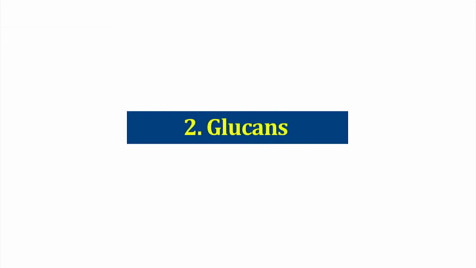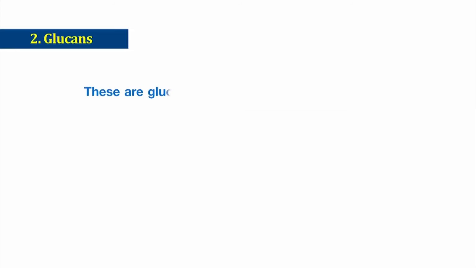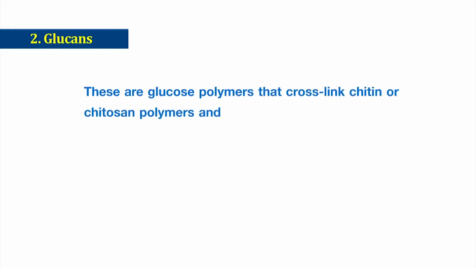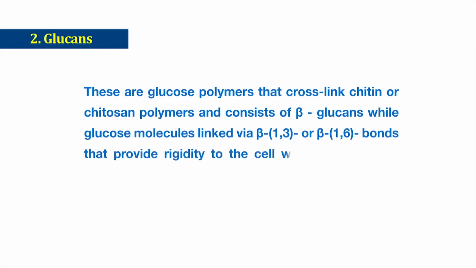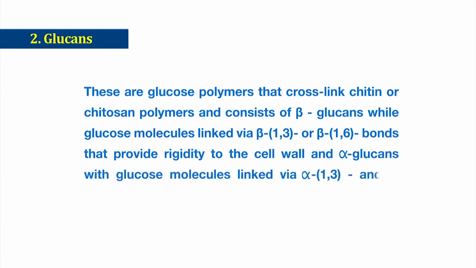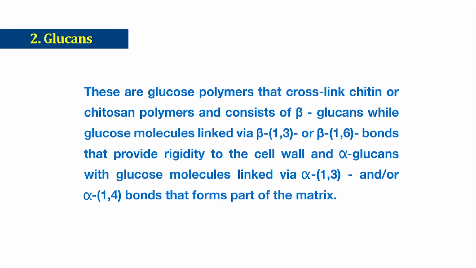The next are the glucans. These are glucose polymers that cross-link chitin or chitosan polymers and consist of beta-glucans, with glucose molecules linked via beta-1,3 or beta-1,6 bonds that provide rigidity to the cell wall, and alpha-glucans with glucose molecules linked via alpha-1,3 and or alpha-1,4 bonds that form part of the matrix.